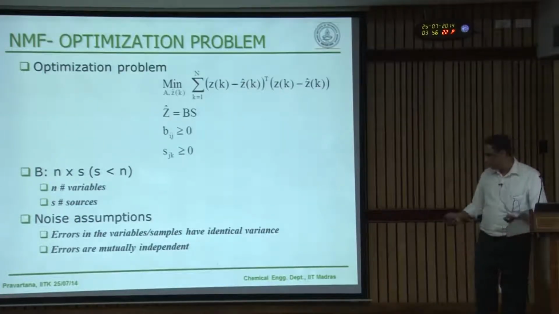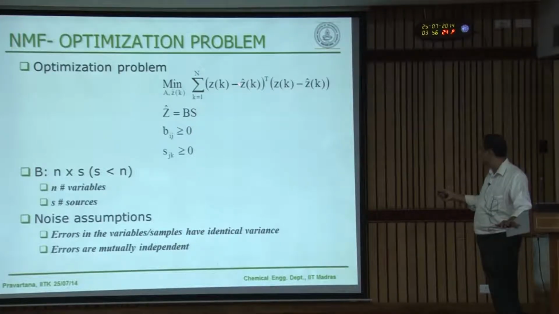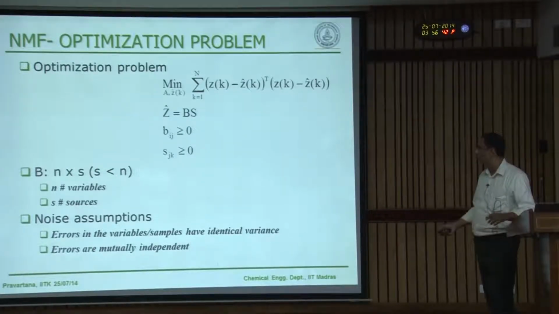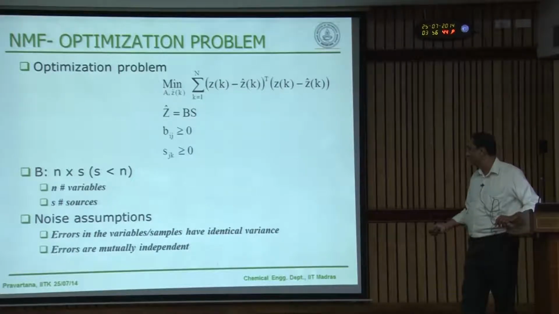The optimization problem I have just stated: you are trying to estimate Z such that Z is given by this combination where B and S should be positive, but B is of smaller dimension. S is less than N. N is the number of variables, S is the number of sources. Here you are looking at the retained, not the rejected, not the complementary, which I was doing in the linear model case.